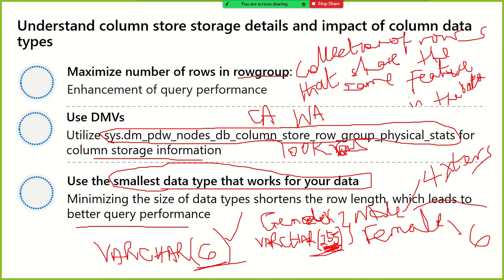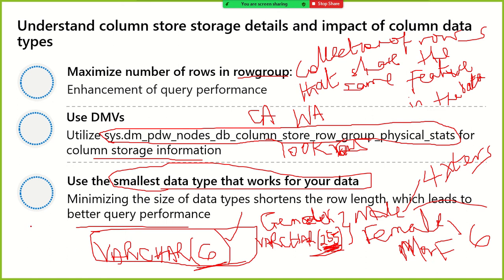However, if you also have your gender stored as M or as F, that means this one too is too much, because this data type will also give up to 6. If you are just storing M or F for male or female, it therefore means you need something smaller than this.